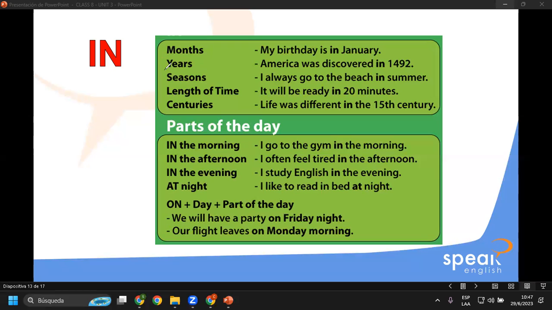Also, guys, we can use it with years. For example, do you remember, guys, when the pandemic started? In March. But the year, give me the year. 2020. Okay. In 2020.